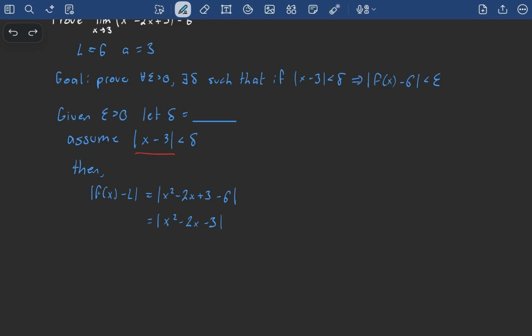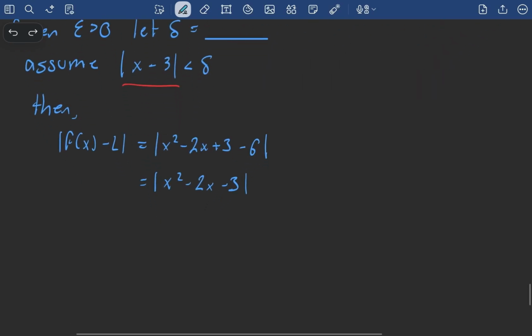When it comes to quadratic stuff like this, usually when factored, it'll actually give you what you're looking for. So I'm going to go ahead and factor this. x squared - 2x - 3 factors into (x - 3)(x + 1).